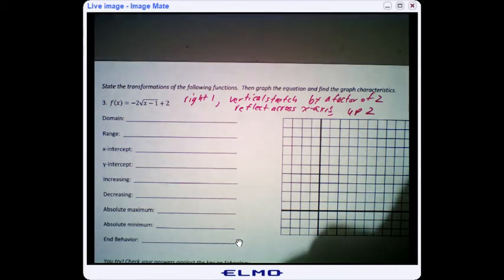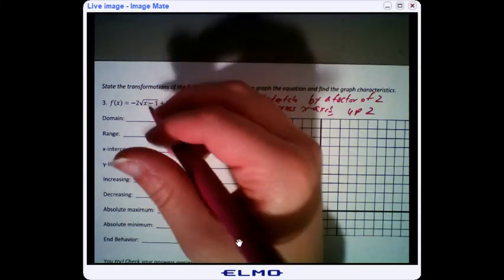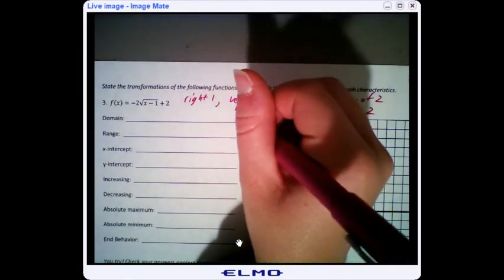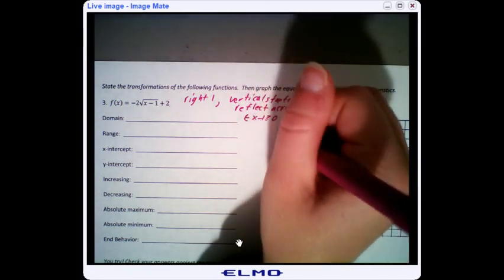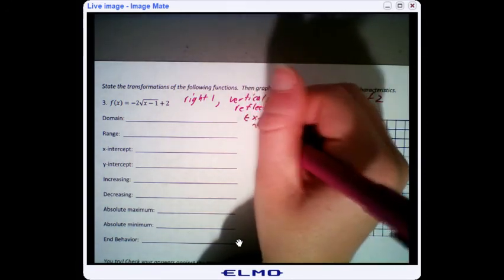So for my domain, I'm going to set x minus 1 greater than or equal to 0. So x is going to be greater than or equal to 1.